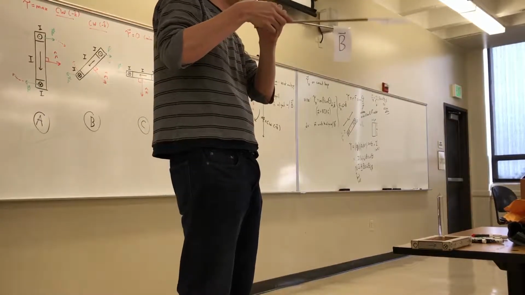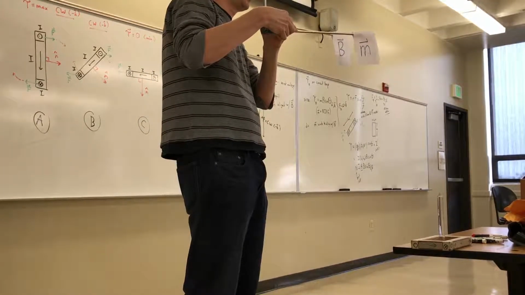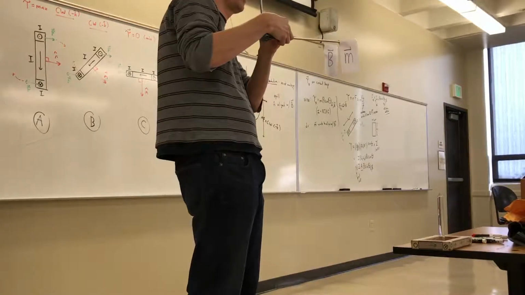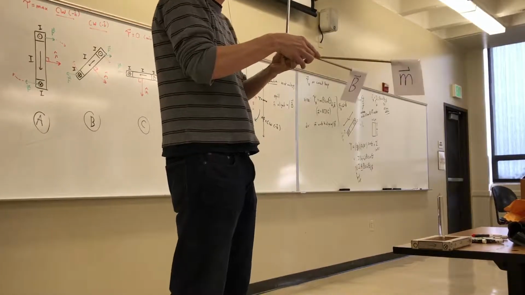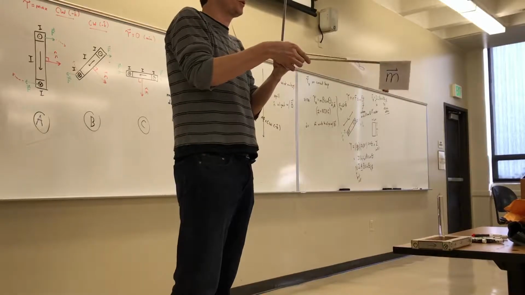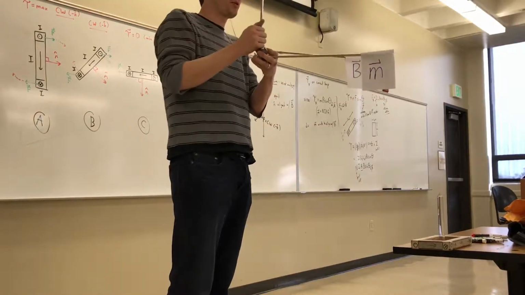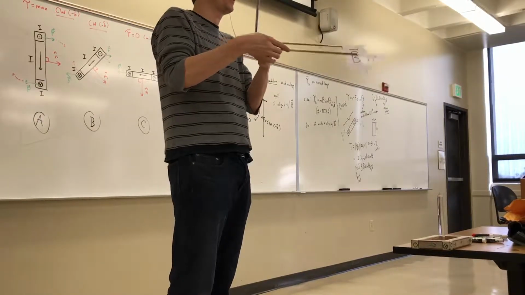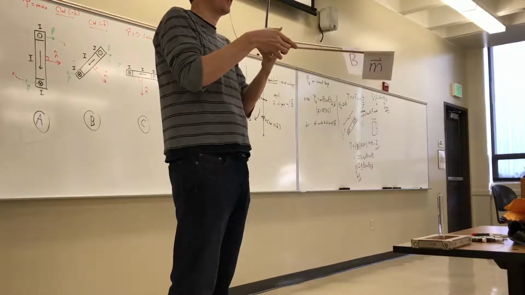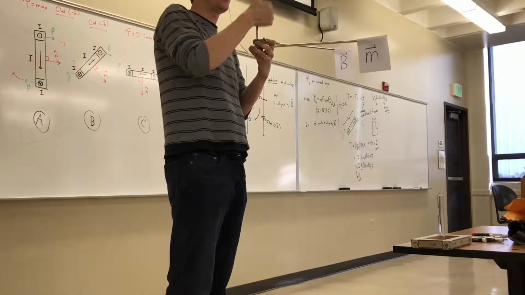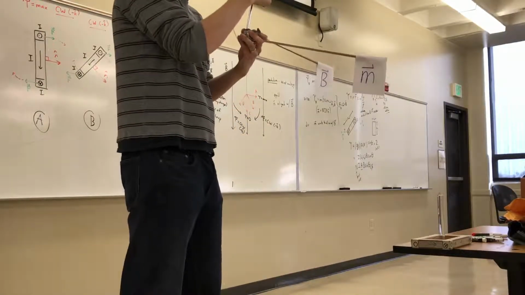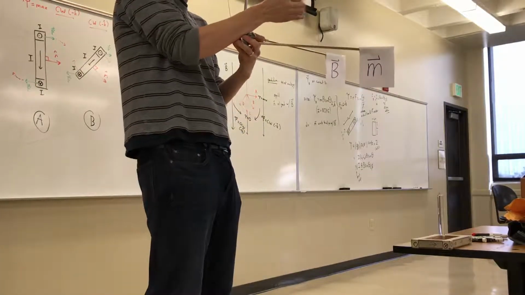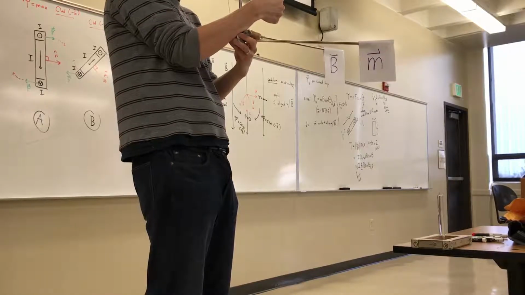If it's over here, it'll experience a torque like this, right? So obviously the rotation axis is going to be perpendicular to those, right? In fact, I had to put this thing here to allow this to most directly rotate like this. Well, this is the direction of the torque, which really just says that M wants to align with B, right?